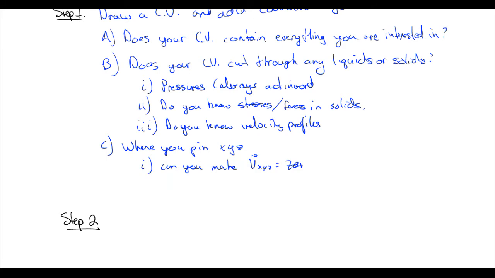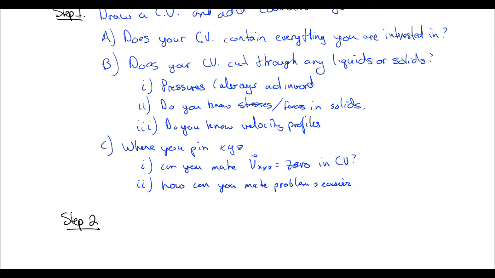If you can, it might be worth it to pin your coordinate system such that that's true, because that gets rid of the triple integral, right? And basically, try to think, how can you make problems easier?